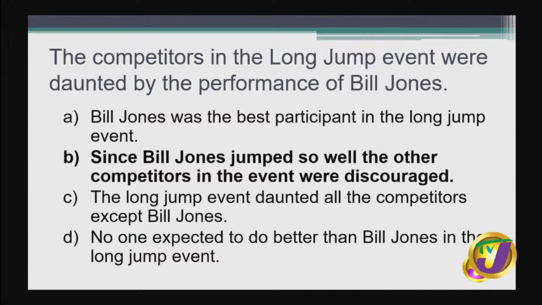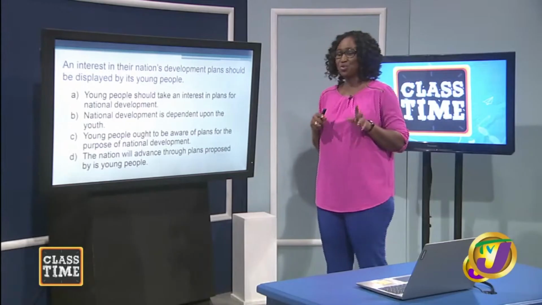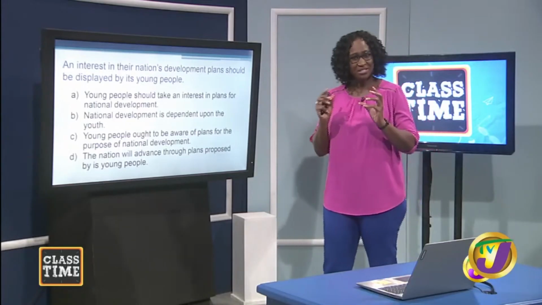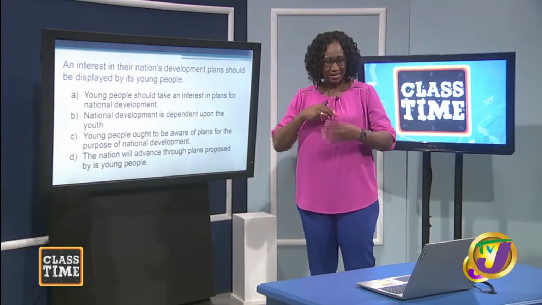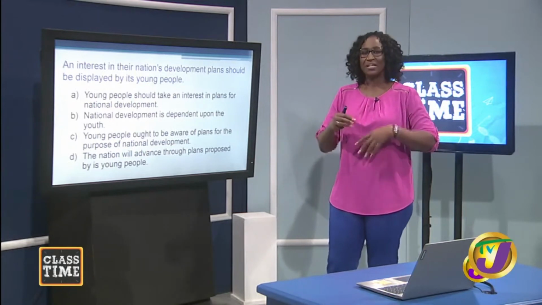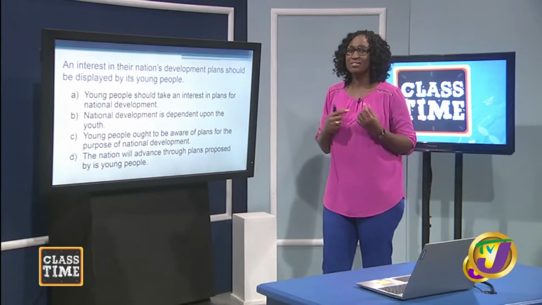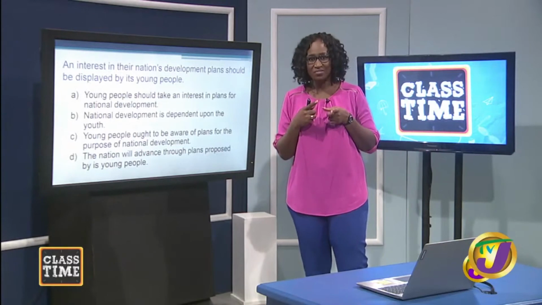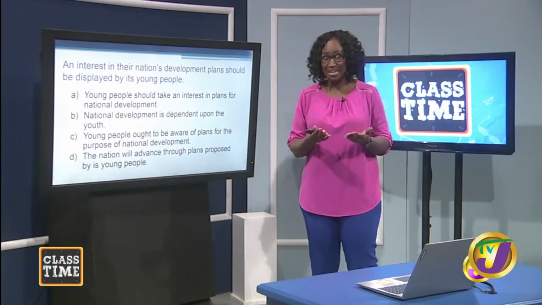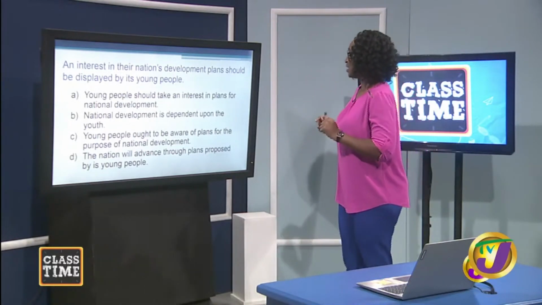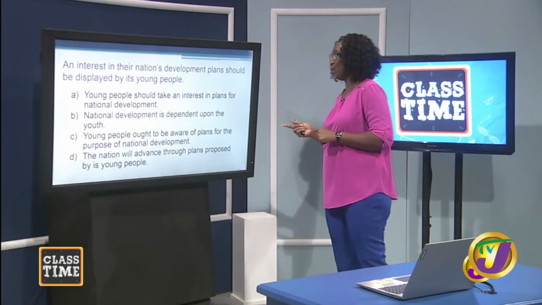That is not what happened, is it? So remember, you get the original sentence. You need to identify what it's saying, capture the meaning, and then see which of the four options you're given conveys that same meaning.